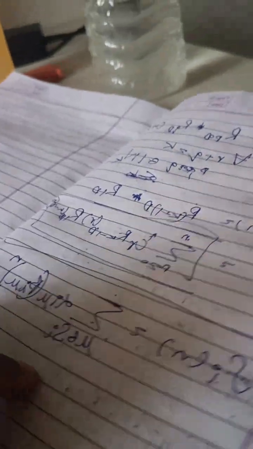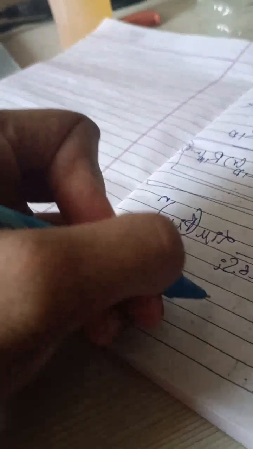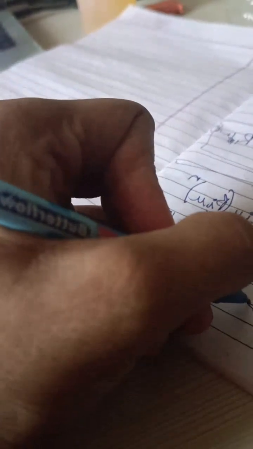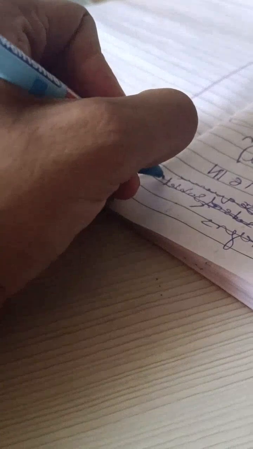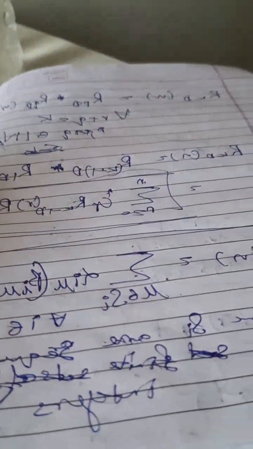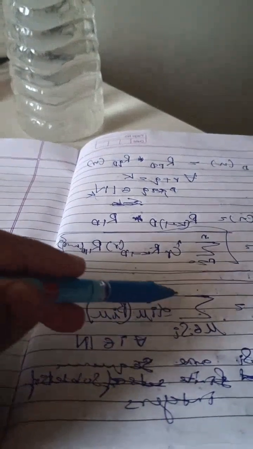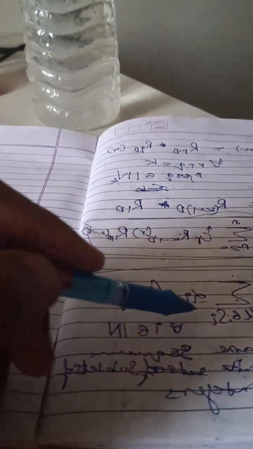I am defining fi of n as a finite summation of exponent functions.